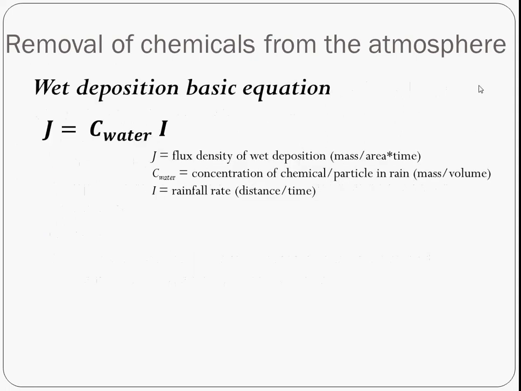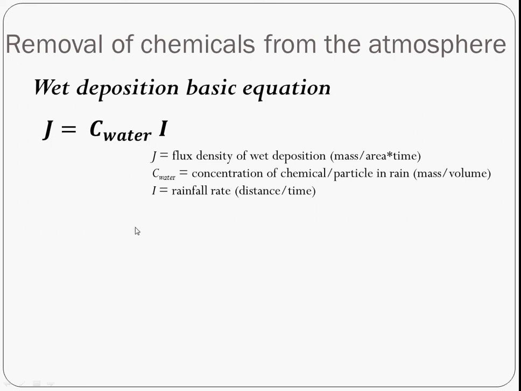And our equation for wet deposition looks a lot like the equation for dry deposition. Again, we're calculating the flux density, J, of wet deposition, so the mass of chemical arriving on the surface of the Earth in a given area of the surface per unit time. And to know that, we need to know the concentration of the chemical in the water, in rain, and the rainfall rate. So we may not have the information about the concentration of a chemical in water.